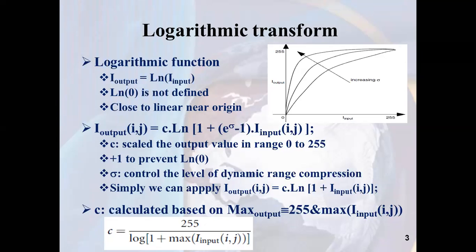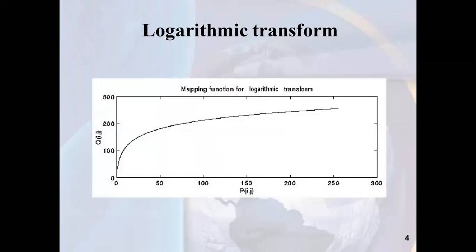If the values are not between 0 and 255, and are double values, it takes the maximum as 255 and the minimum as 0, and all the values between 0 and 255 will be displayed or represented by the floating values between the maximum and the minimum obtained after applying the logarithmic function. So this is the mapping function of the logarithmic transform.